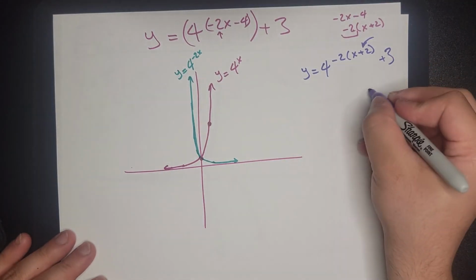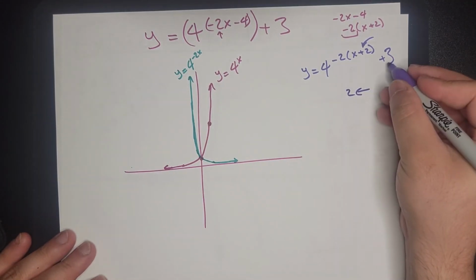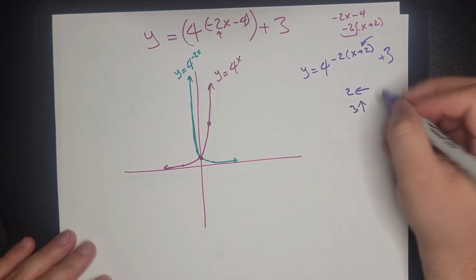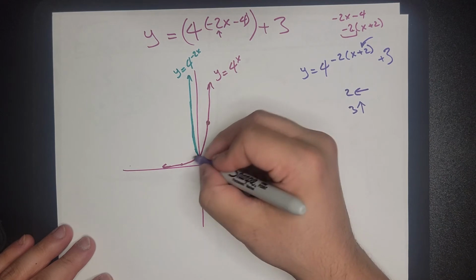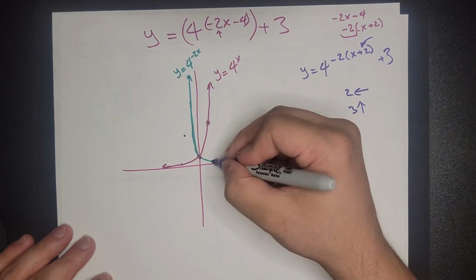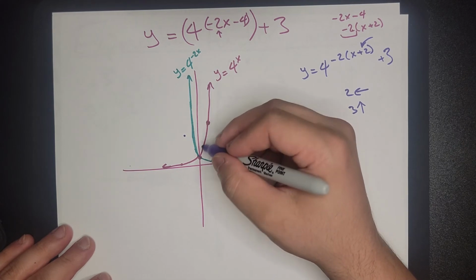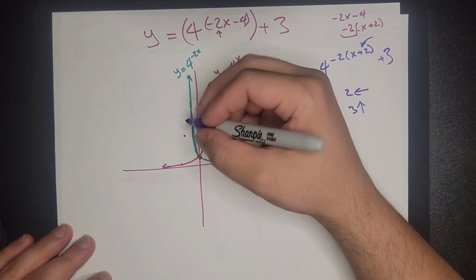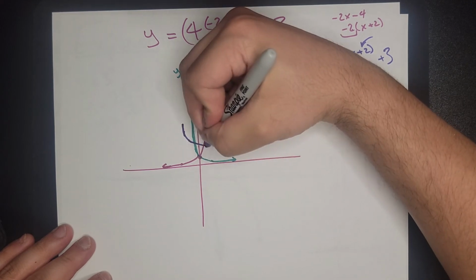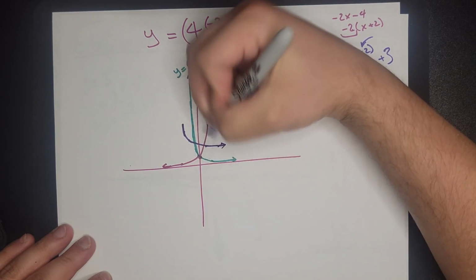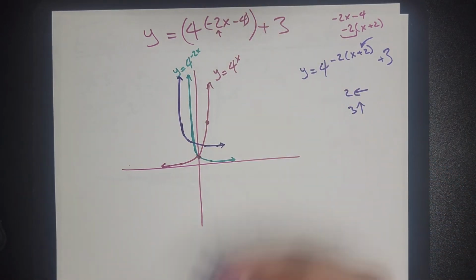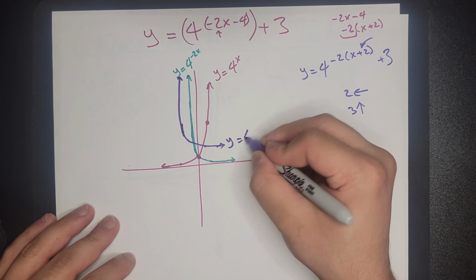So we're going to go 2 units that way, and then we're going up 3 units. 1, 2, 1, 2, 3, so somewhere there, something like that. And that is my y equals.